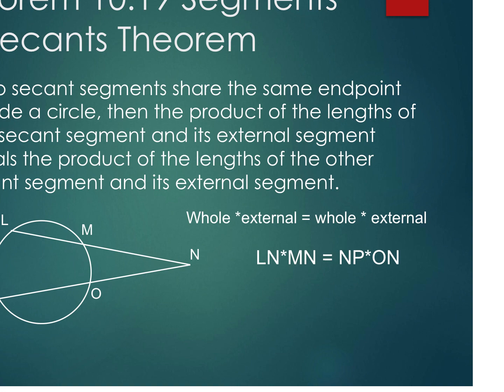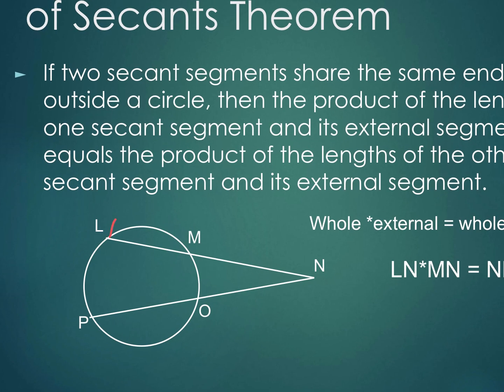Now, let's apply that. The whole length of this segment, do you guys agree, would be from L to N, correct? But what's just the external part that's outside the circle? From M to N, okay? I recommend that you guys draw little blocks like I am so you guys can see how they're being sectioned off. Then on the bottom, we're multiplying from P all the way to where? N times the external part.